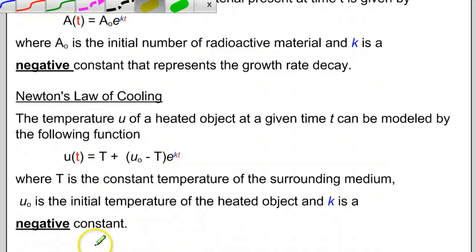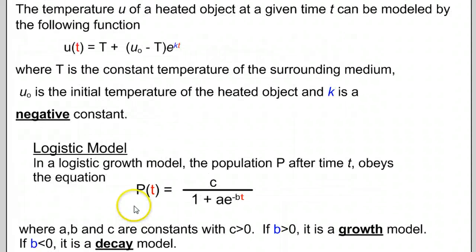Now we can also represent something as logistic growth. It's still growth, but it's growing slowly. So what we do is we have something that looks like this. If it's logistic growth, it grows very slowly in comparison to exponential growth, which grows very quickly.